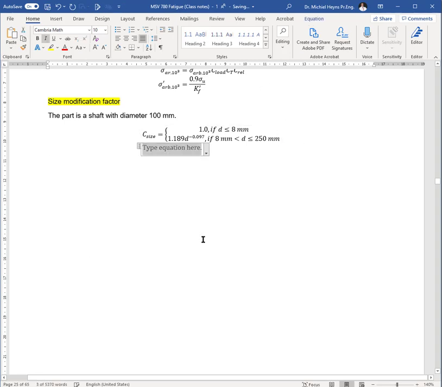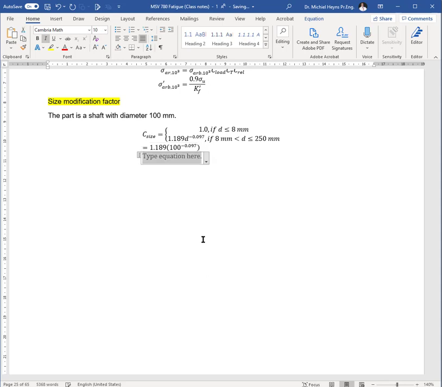Now in this case, the diameter is more than 8 millimeters, so we sit here with 1.189 times diameter, where diameter is in millimeters, to the power minus 0.097. That's how it seems.